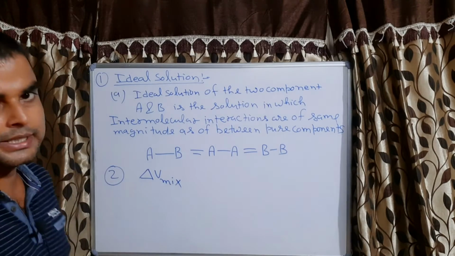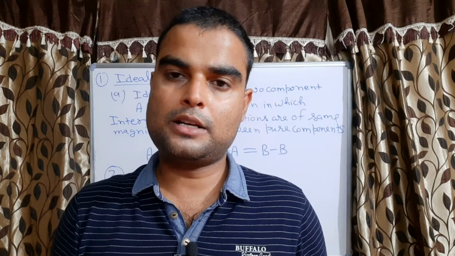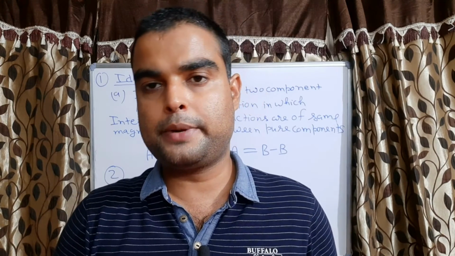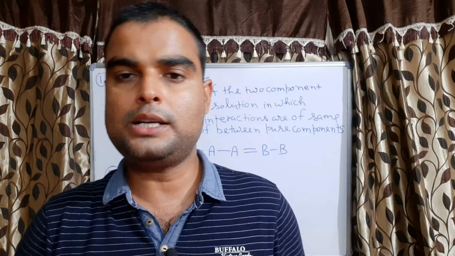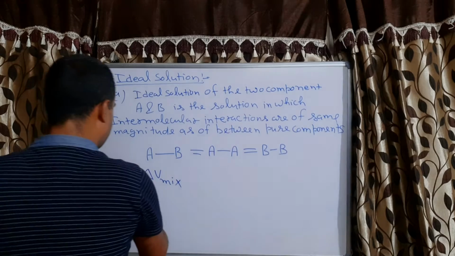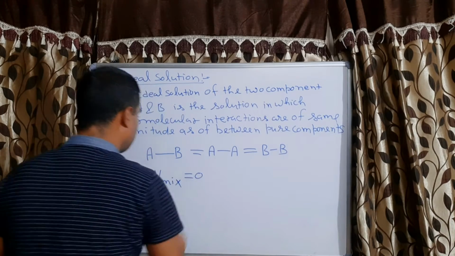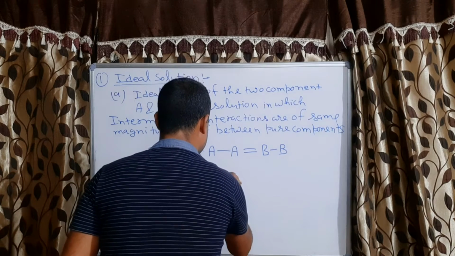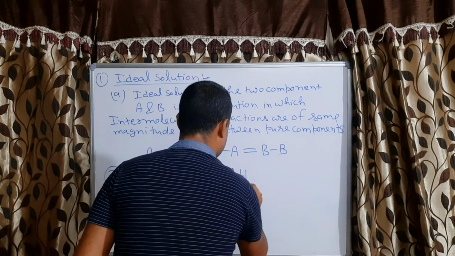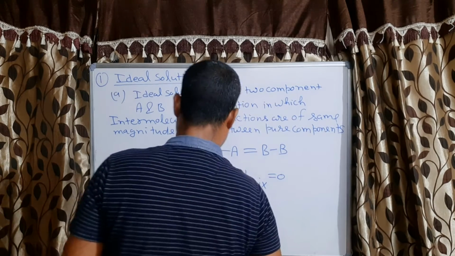What is the meaning of mixing? When we are adding component A into component B or component B into component A, that is called mixing of the components. So the change in volume on mixing is equal to 0, and the change in enthalpy on mixing is also 0.